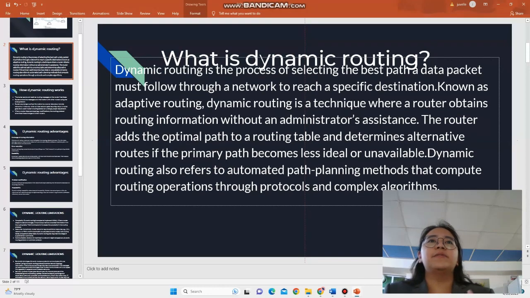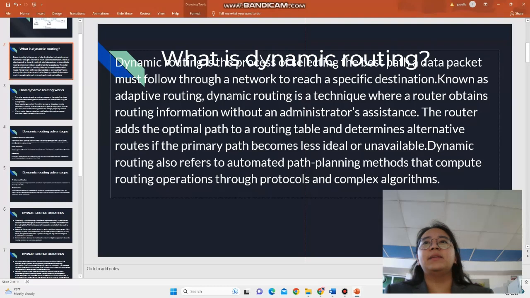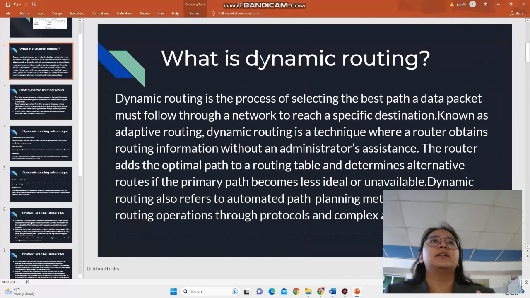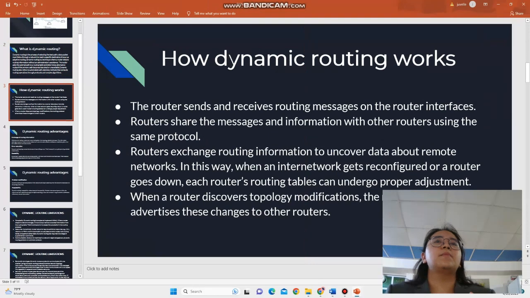Dynamic routing also refers to automated path planning methods that compute routing operations through protocols and complex algorithms.